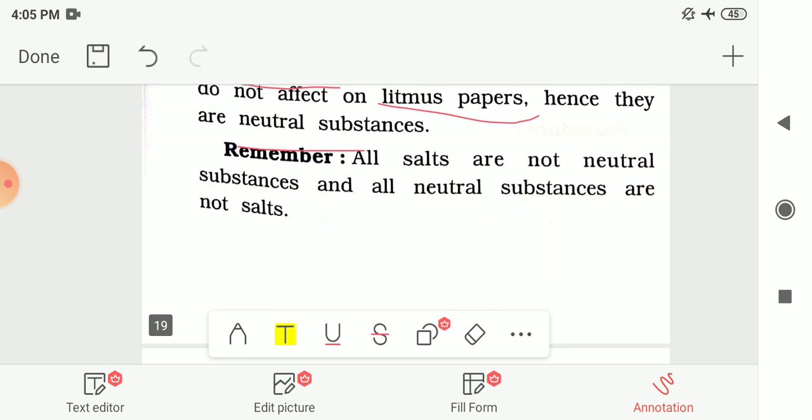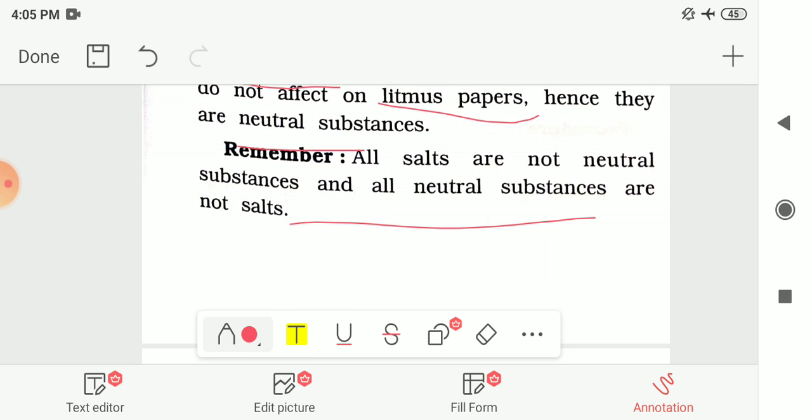Here you do not have to write this, but you have to remember that all these salts are not neutral substances and all the neutral substances are not salts. As we had discussed in the fifth number, washing soda and baking soda are salts.